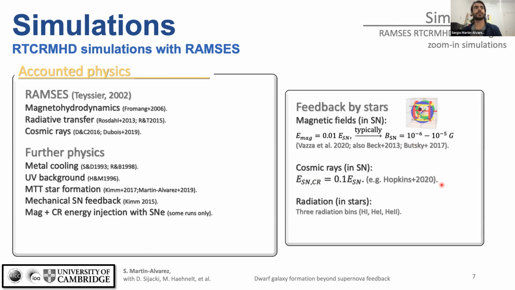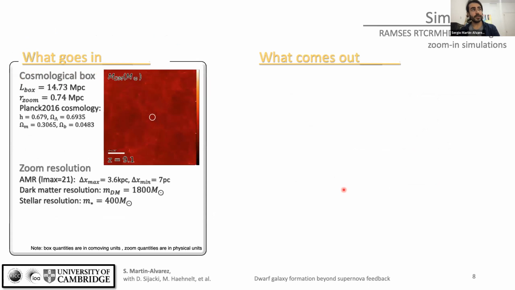And then when we go to cosmic rays, we use 10%, which is, again, pretty popular across simulations. It is well within the 20% that we believe is the typical maximum proportion of energy going into cosmic rays accelerating in supernova remnants, and 10% is quite standard, I would argue. So all of these physics, we pull them all into our cosmological box.